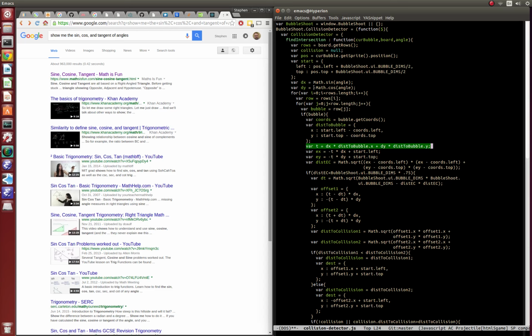This is such a difficult problem. There are so many things. Alright, screw it. Positive t times dx plus start left, negative t times dy plus start top.